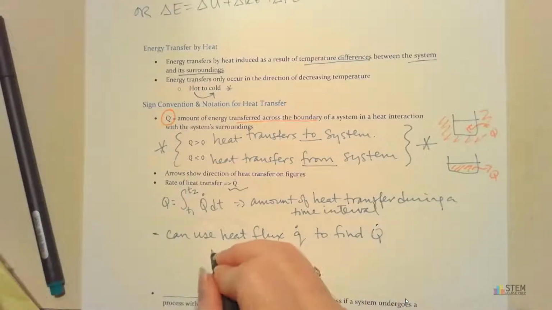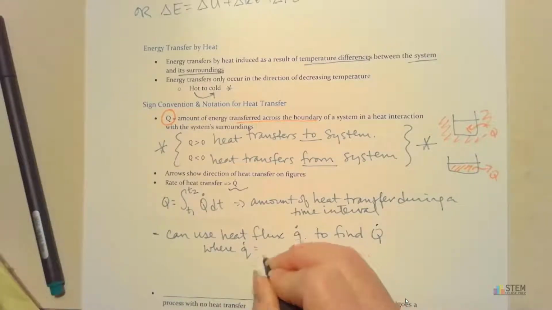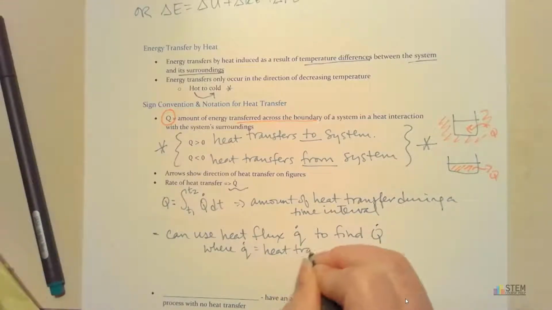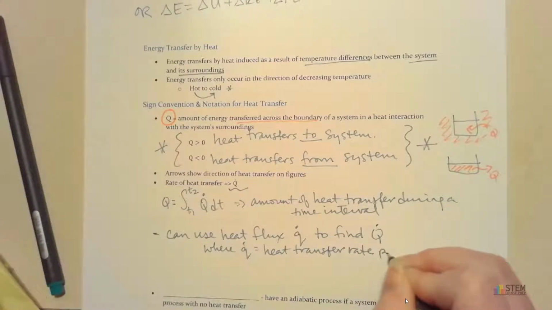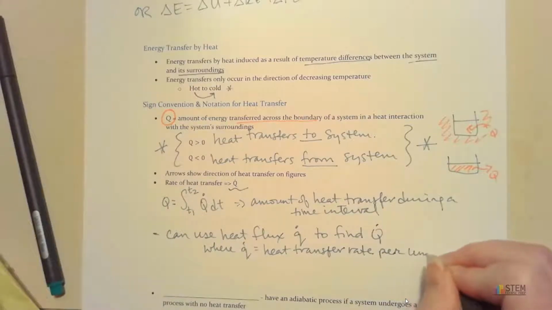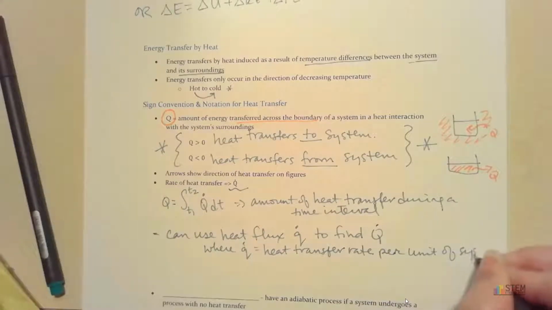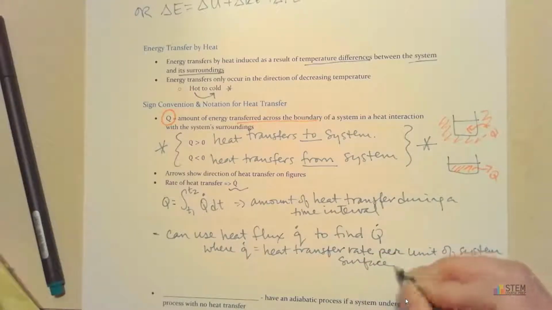So little q dot, that's the heat transfer rate per unit of system surface area. Okay, so that's all little q dot is. So it's just basically your rate per a surface area.